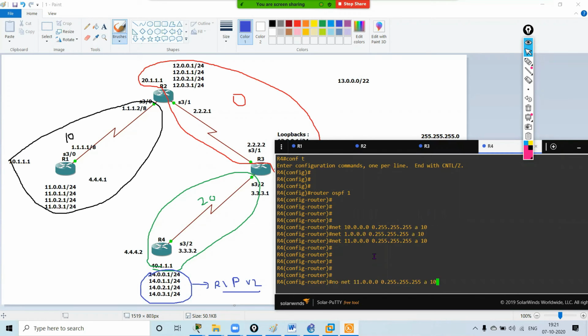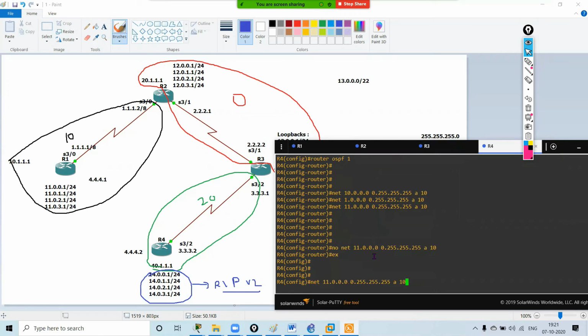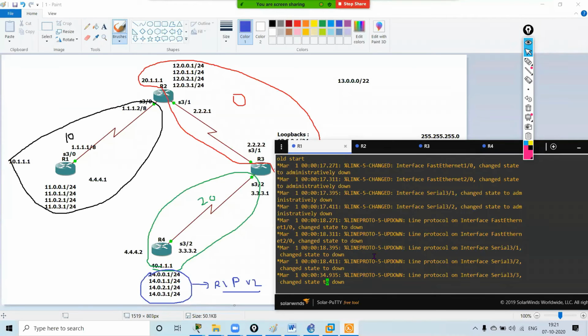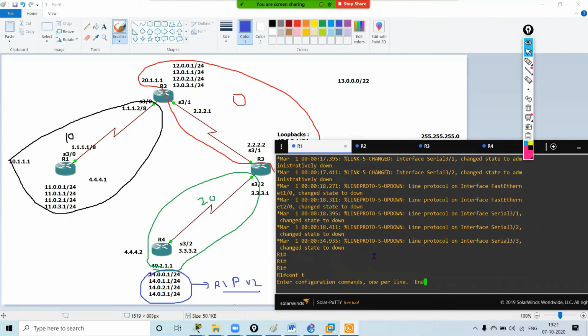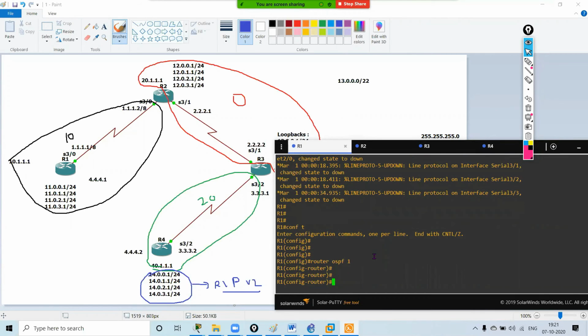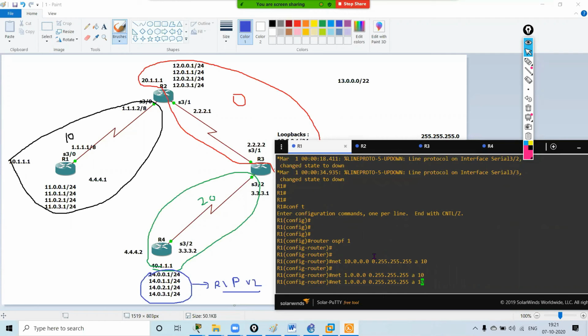Sorry, I thought I'm on router 1. So on router OSPF 1, network 10.0.0.0 area 10, 1.0.0.0 network and 11.0.0.0 network.